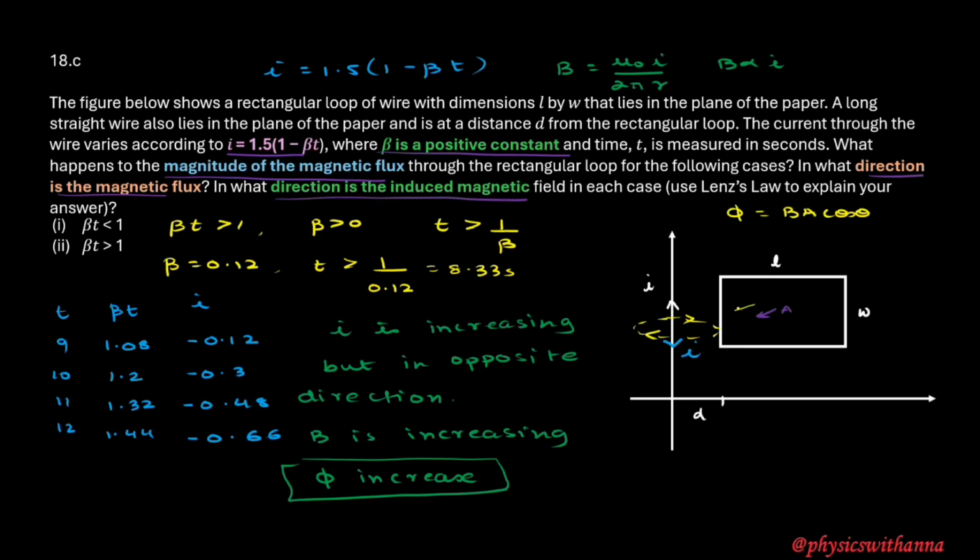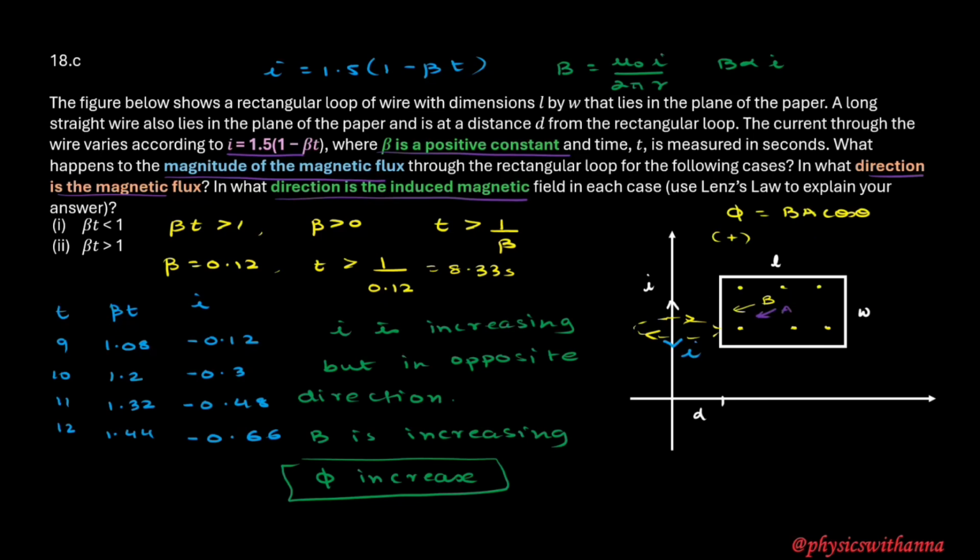And at the loop, magnetic field will come out of the loop. So we can show fields coming out in the form of dots. So here, since both magnetic field and area vector are coming out, we say that the flux is positive. It's positive because the angle between them is 0 and cosine 0 is 1 and you have a positive flux.